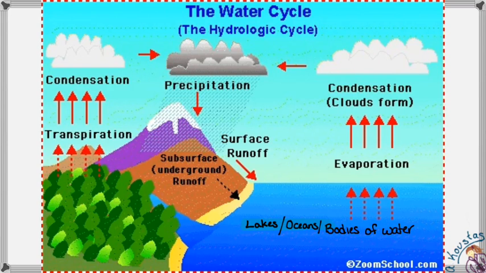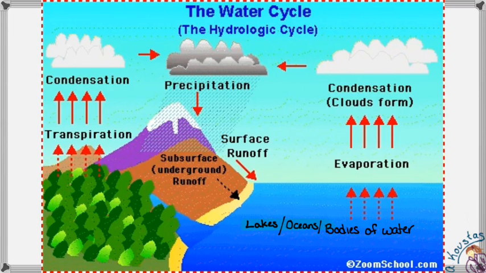As it goes higher, it starts to cool and it starts to condense, going from the vapor, the gas, back into the liquid, where it will precipitate onto the soil, and the groundwater can either run off into the lakes, rivers, and streams, or it can be taken up through the plants in a process called transpiration, where the water evaporates from the top of the leaves and that tugs all the water below. And the cycle happens over and over again.